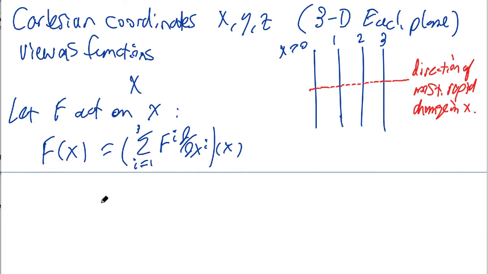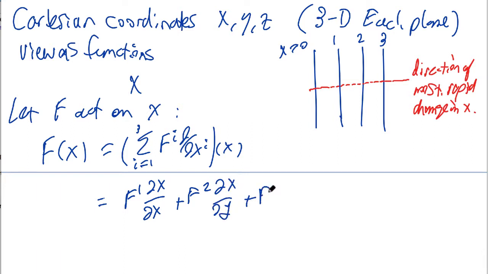Writing this out explicitly, we have f1 partial x with respect to x plus f2 partial x with respect to y plus f3 partial x with respect to z. Now, of course, partial x with respect to y and z are 0, whereas partial x with respect to x is 1. So this is just equal to f1.